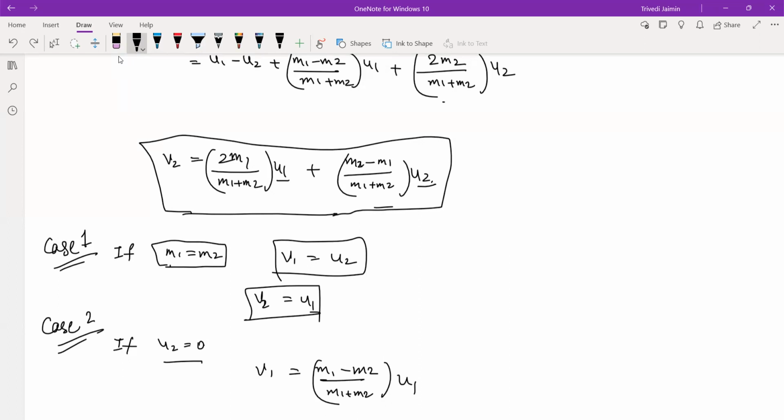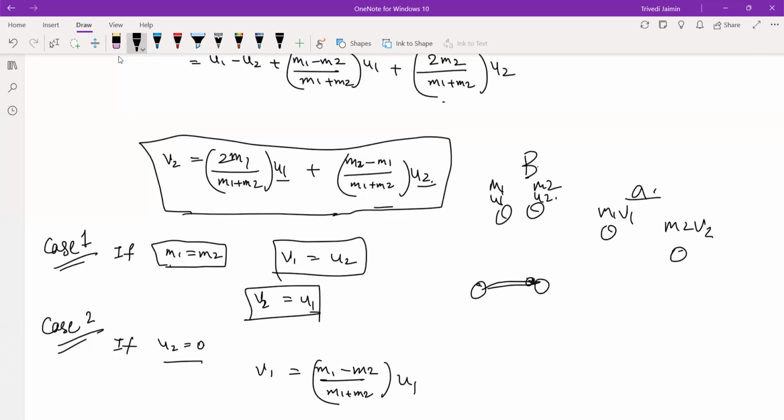Now, if we say u2 is 0, what do you mean by u2 being 0? After striking, the initial velocity of the second ball is 0. Before collision we have m1, m2, u1, u2; after collision, m1, v1, m2, v2.